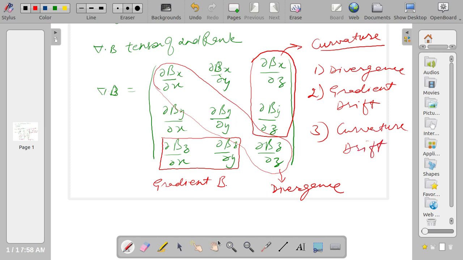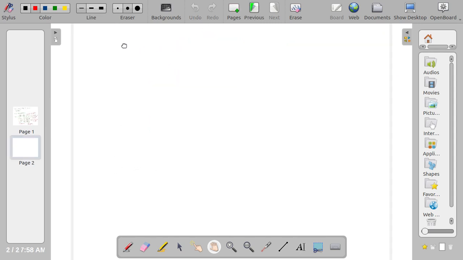So in the first case, divergence, such type of path will be followed along the z-axis. And second is the field gradient or the gradient drift.